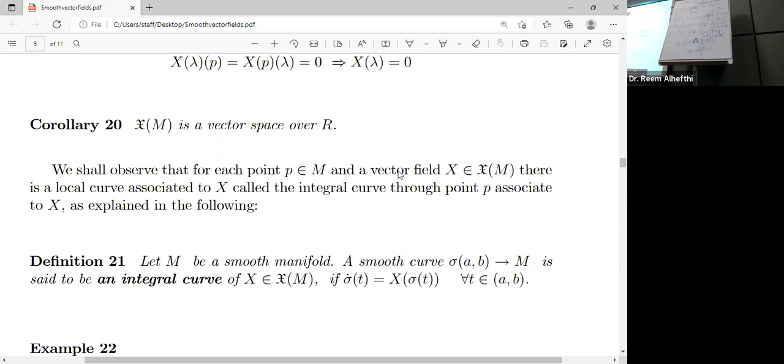They talk about CK manifolds, manifolds of class CK and CK vector fields and all that. But we are doing differential geometry where everything is smooth.